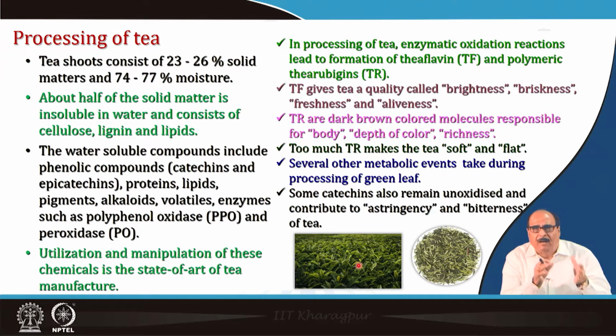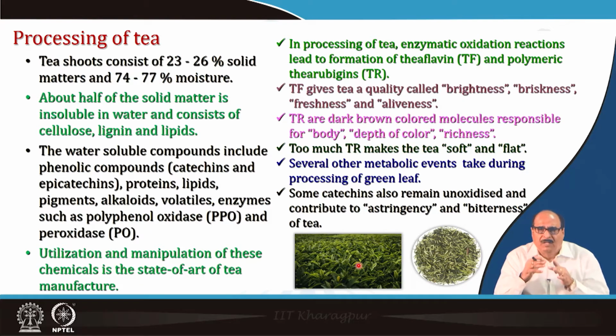In the processing of tea, there is basically enzymatic oxidation. What happens in the intact tea leaves? These enzymes and substrates are present in different compartments, in the plastids and vacuoles. When the leaves are macerated, these cells get broken, and the enzymes and the substrates get released from their positions.